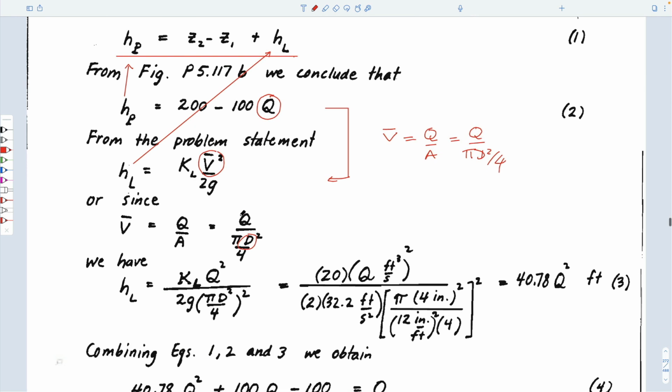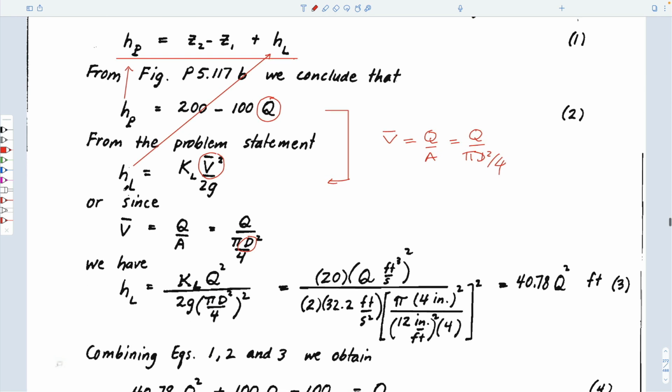And so I guess in this case, the choice is to write HL in terms of Q, just by substituting V squared as Q squared. So in other words, we'd write this equation here. So this is this term here.